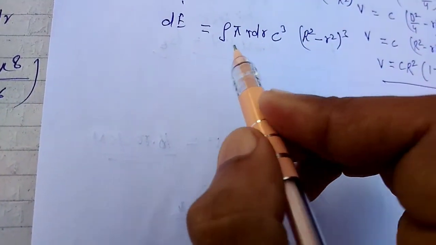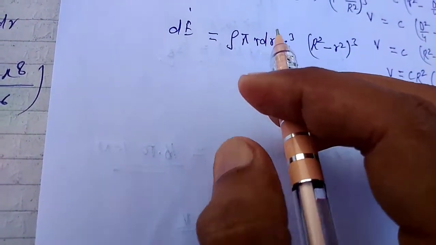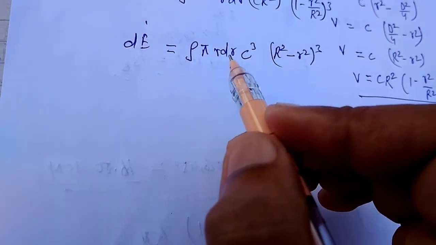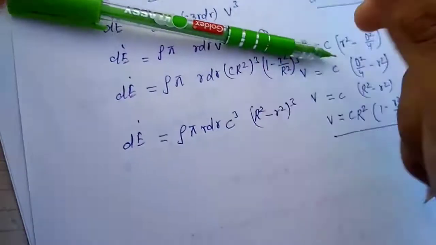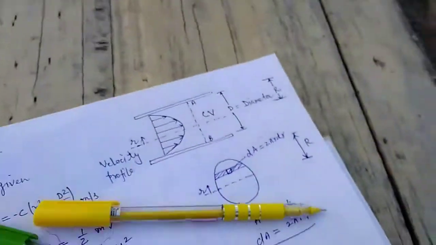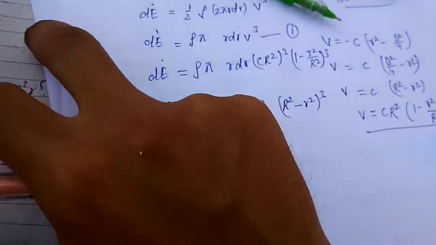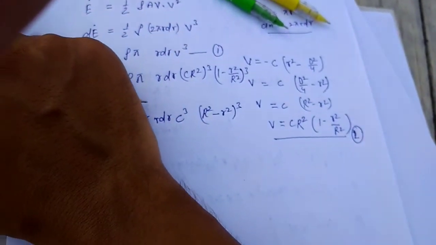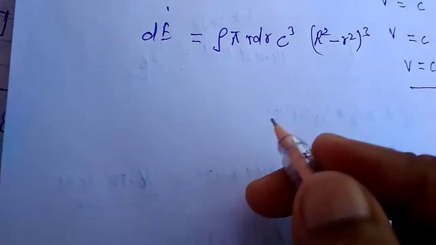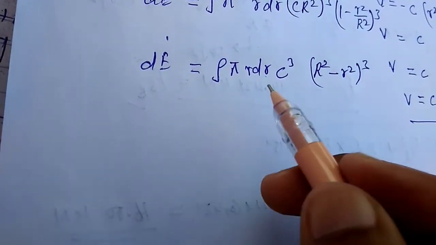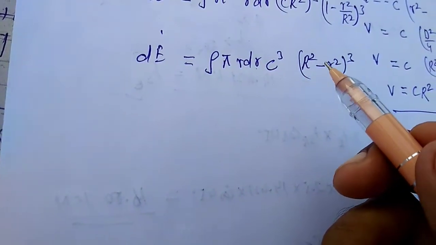Now finding the rate of kinetic energy of all the fluid particles. This is the energy of the elemental area.